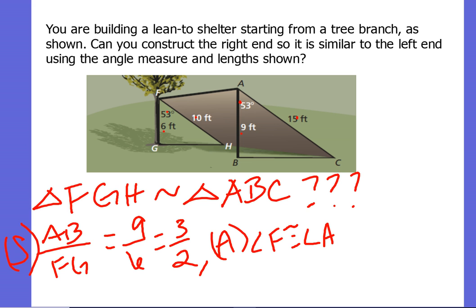So those are the included angles. And the other side that I want to take into account is the corresponding pair AC to FH. What do I see? I have 15/10, and 15/10 also simplifies to 3/2. So yes, by the side-angle-side similarity theorem, I can show that these two triangles are in fact similar to one another.